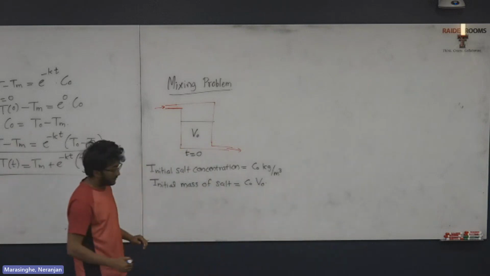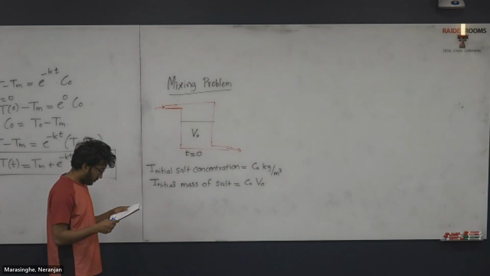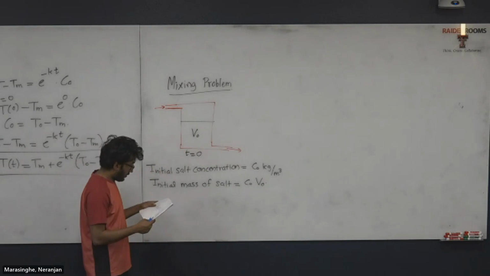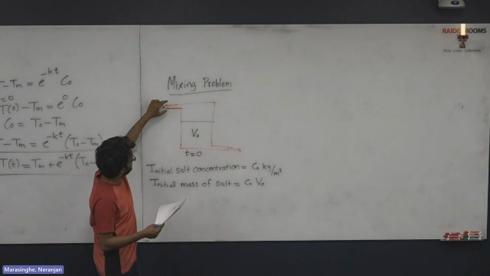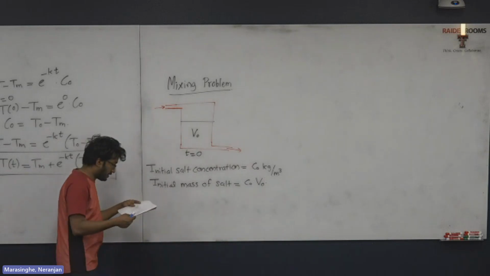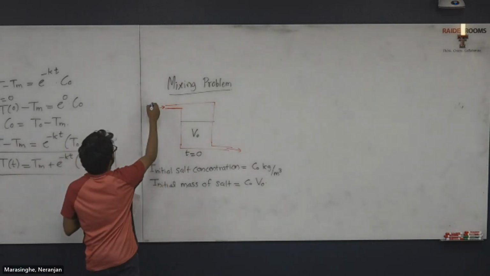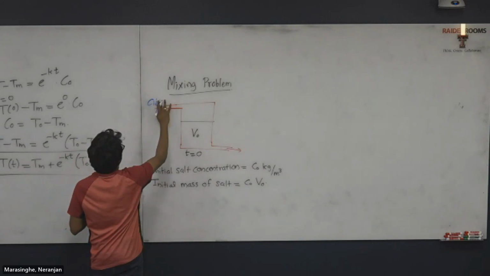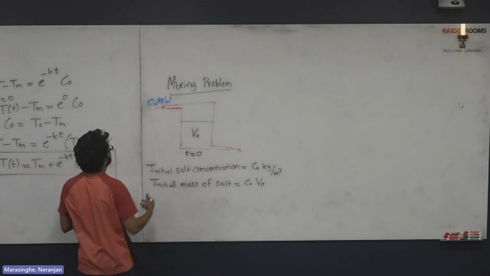Then we are going to do something like this. We are inputting, from this point, a source solution with concentration CI kg per cubic meter.